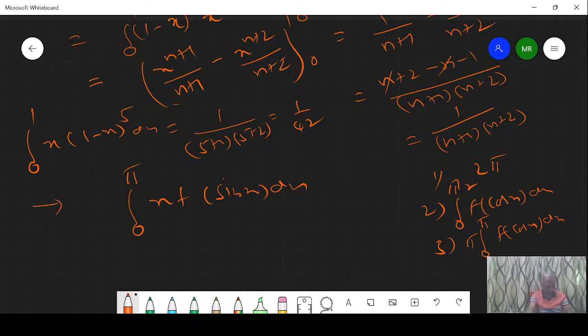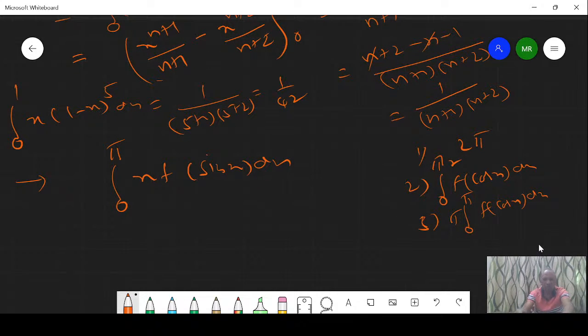And fourth option, pi into integral 0 to pi, f of sin x dx.